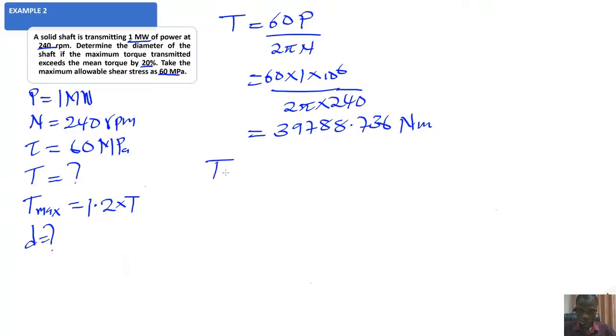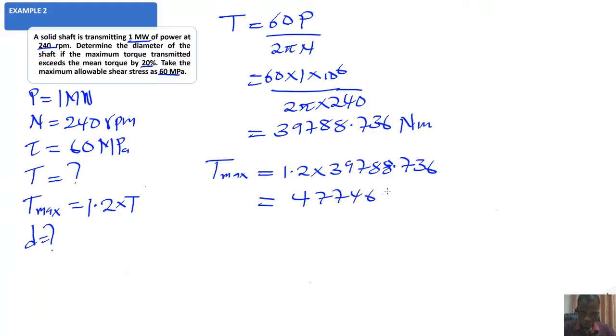So T max will be equal to 1.2 times 3,978.736, and that should give us 4,774.483 Newton meters.